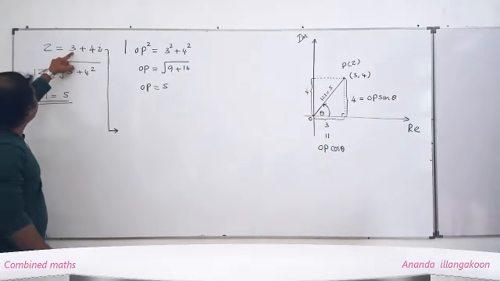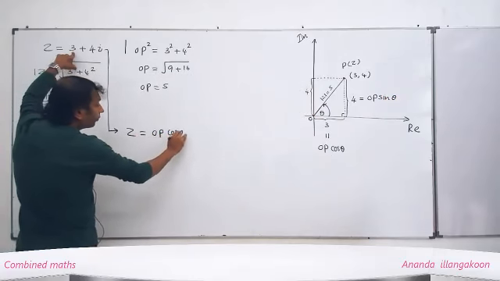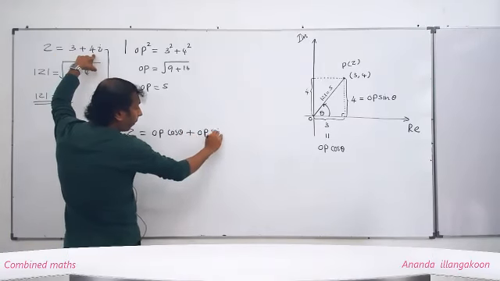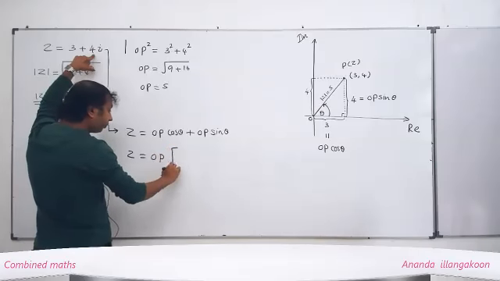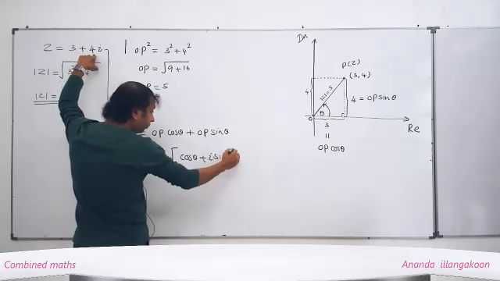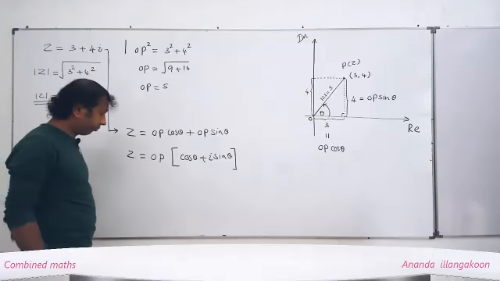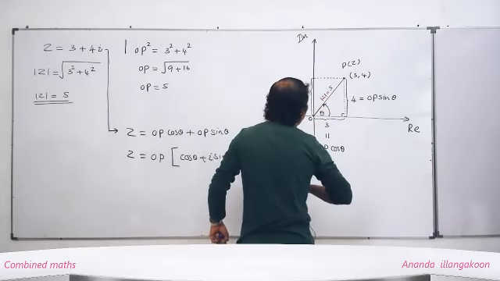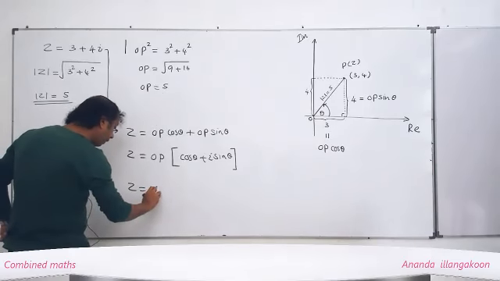Then for this 3, I put OP cos theta. For this 4, I write OP sin theta. I can take this OP out: OP times cos theta plus i sin theta. People, what is OP? OP is 5. That is mod Z. This OP, I write as mod Z.